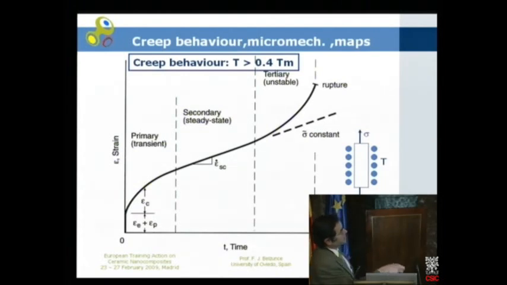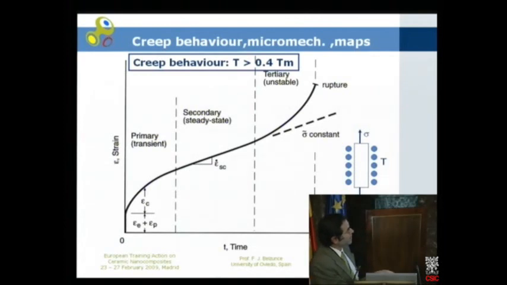This third region is not a real one, because the problem here is that we are very near the rupture, so there is some internal damage in the material, so that in this region, the transversal area has reduced, and so the stress is not constant, but has increased because of the reduction of area.